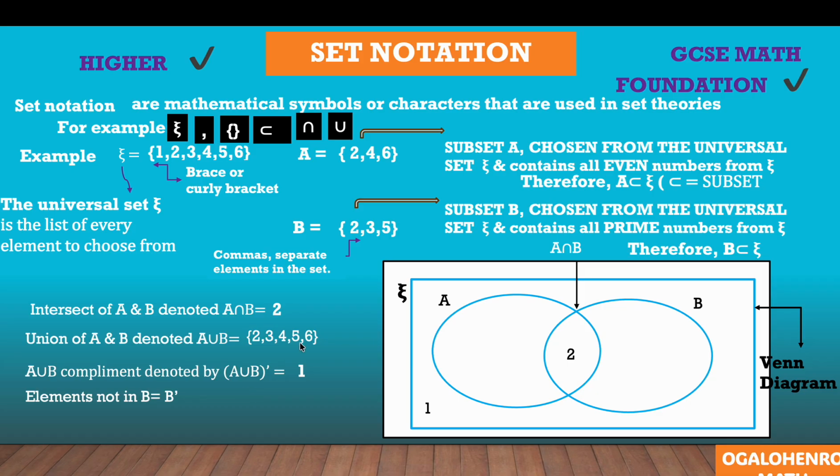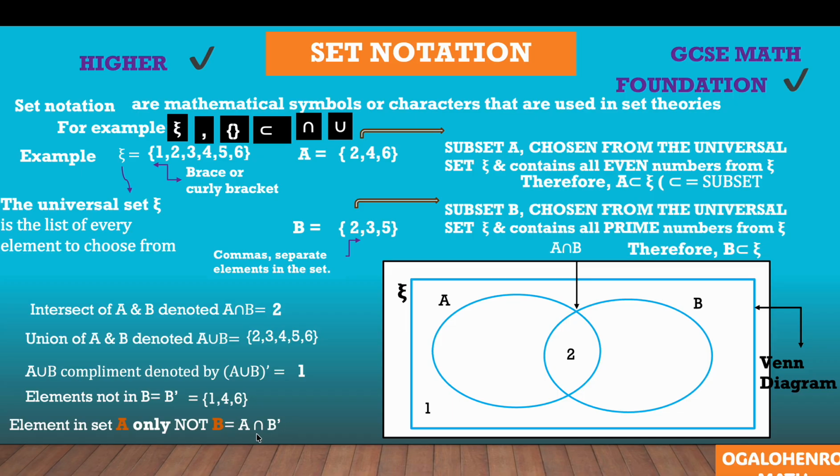Now, for us to get elements only in A, we are going to use the intersection. What is common in A and also common in B prime.